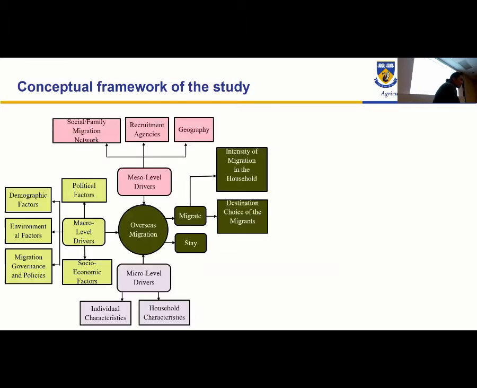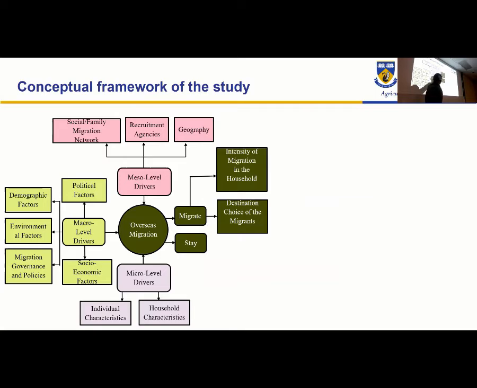So, the conceptual framework of this study. As I said before, there are many drivers involved in migration decision making. In this study, we are not considering these macro level drivers. We are only considering these micro level drivers, that is individual and household characteristics, and major level drivers. In our case, there are 3 decisions. One is whether someone migrates from a household or not.